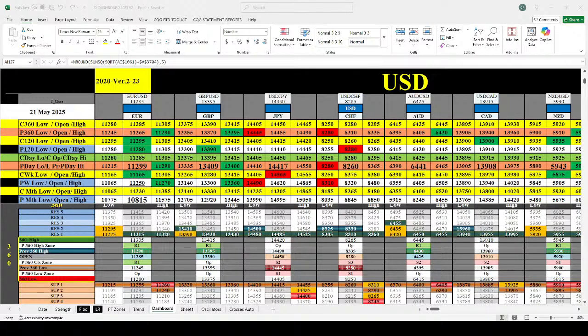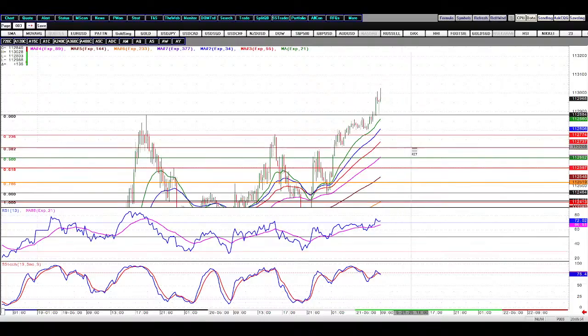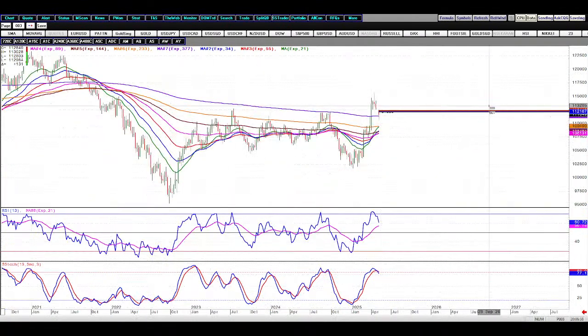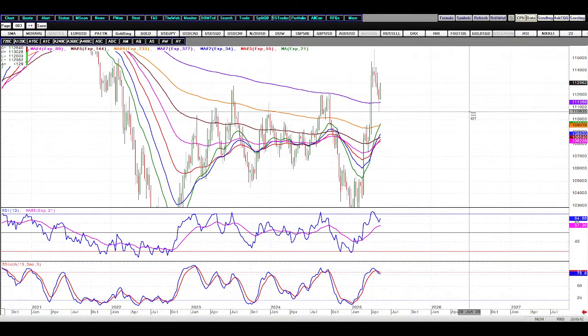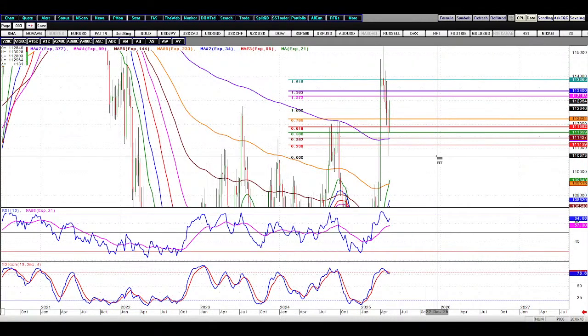Okay, now let's look into the chart. Then we will see the high for the week, and maybe high for the day, and then we can put in a trade for this.